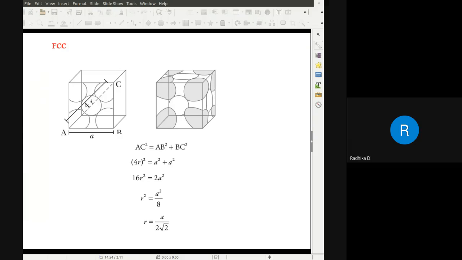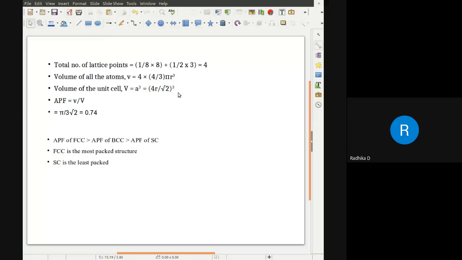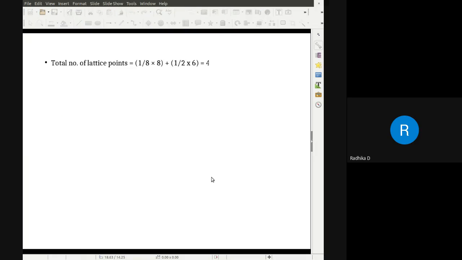So the total number of atoms, or lattice points, is 1 by 8 of 8 from the corner atoms, plus half of 6, which is 3. Sorry, I made a mistake earlier. So 1 plus 3 makes it 4.